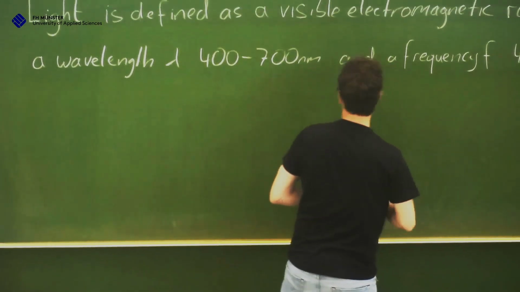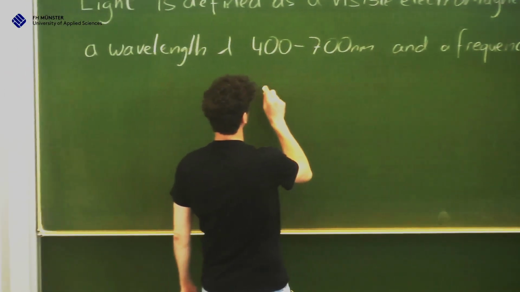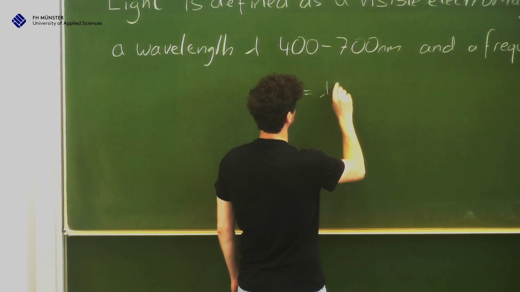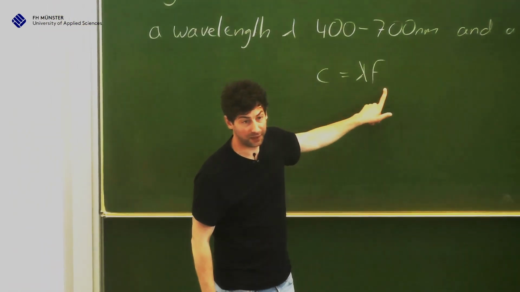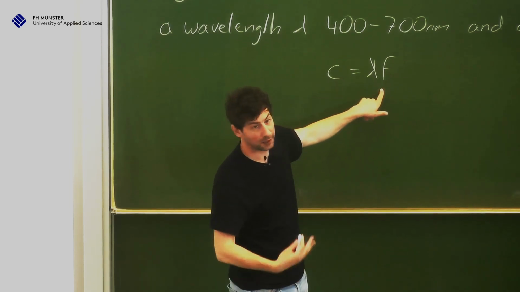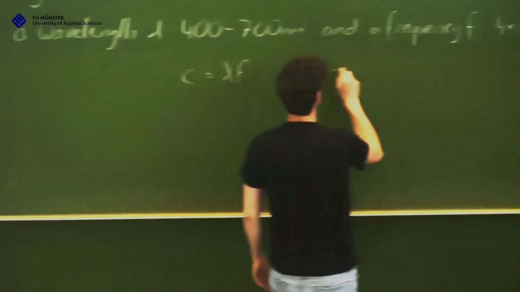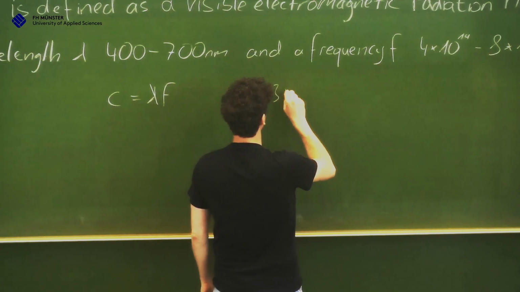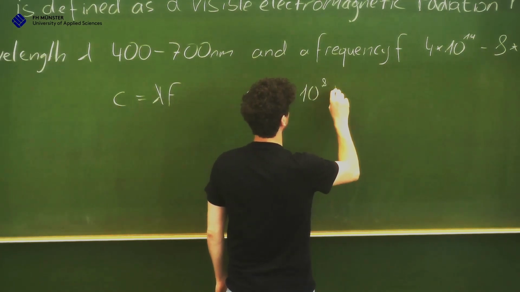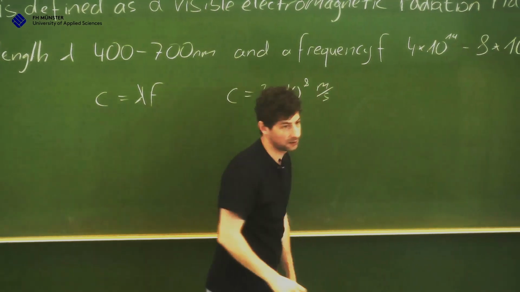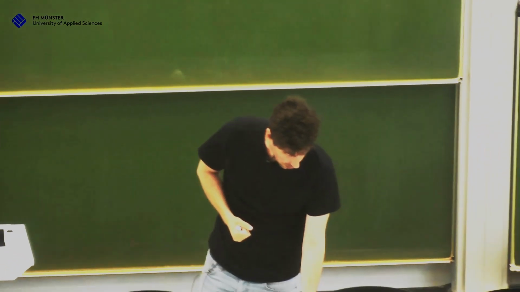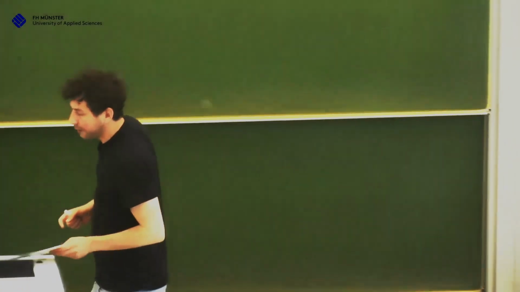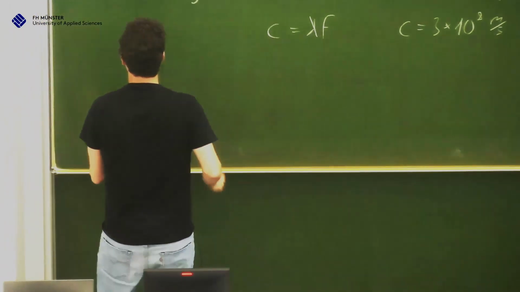Yeah, the lower wavelength has the higher frequency, and this is why we can say they are connected like this: c is lambda times f, so the wavelength times the frequency is the speed of light in vacuum, and this is 3 times 10 to the power 8 meter per second.